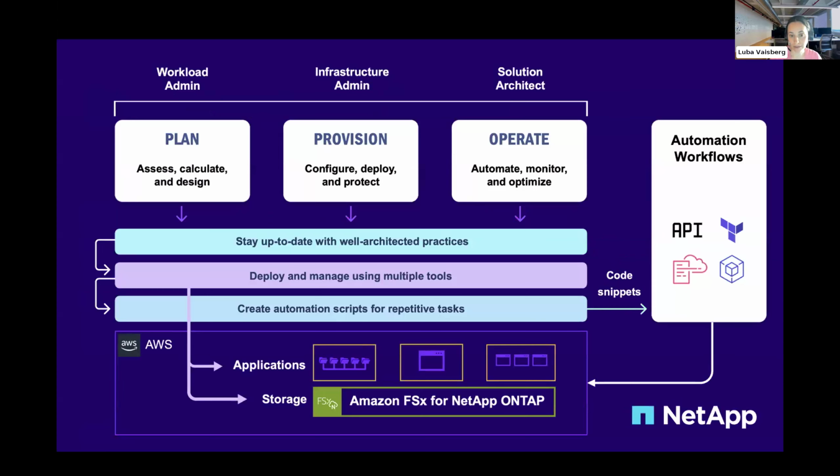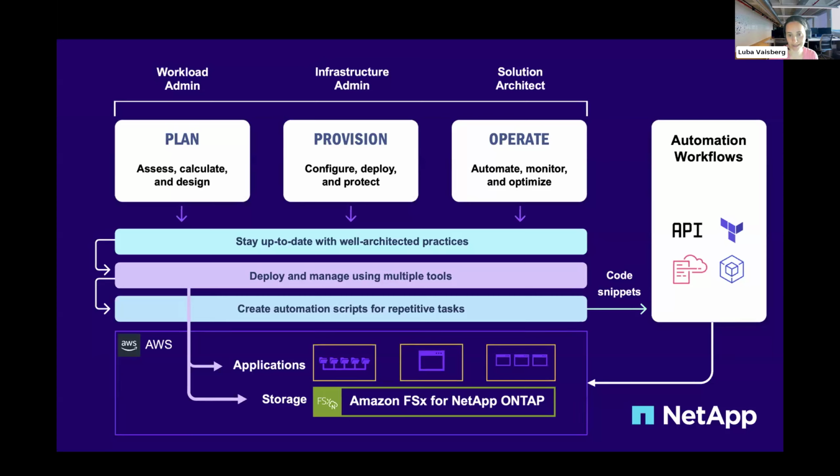One of the things that we often see people have questions about or are unsure of, especially when they move to the cloud and they're new to it, is planning. Now that you move from on-prem to the cloud, how do you assess your environments?